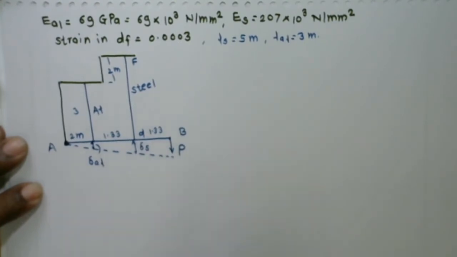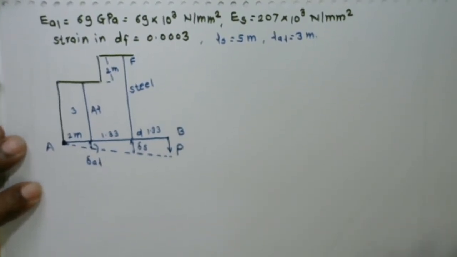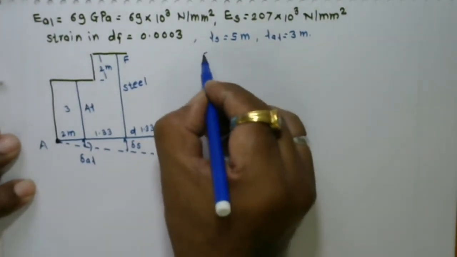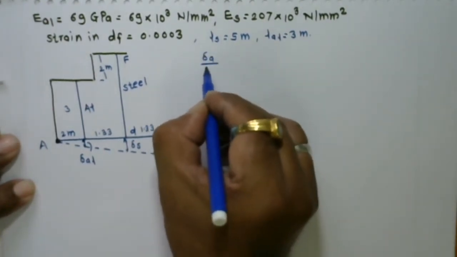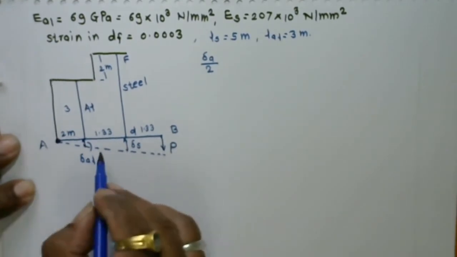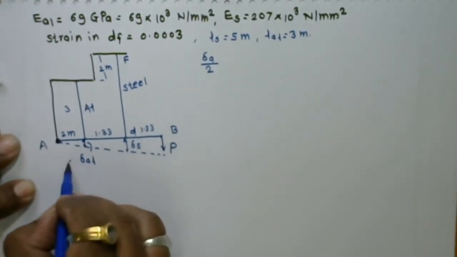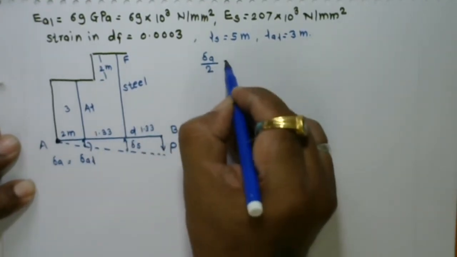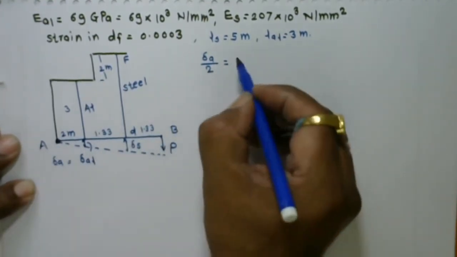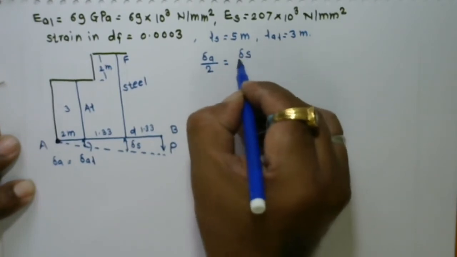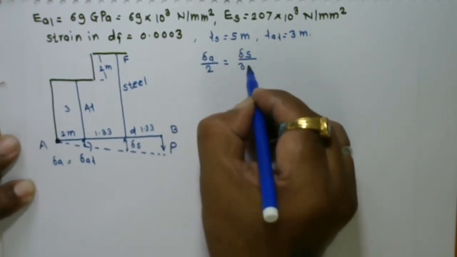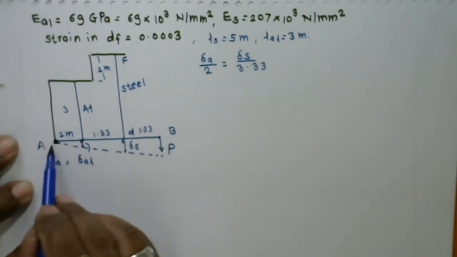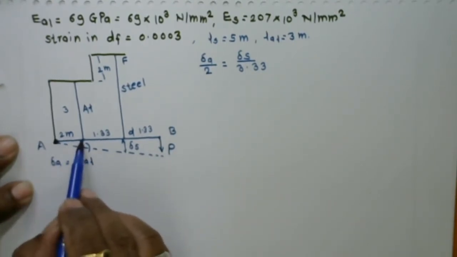delta AL. So according to the similarity triangles, we may say here delta AL upon 2 is equal to delta S upon 3.33. Means these deformations take place from that fixed point on 2 meter.